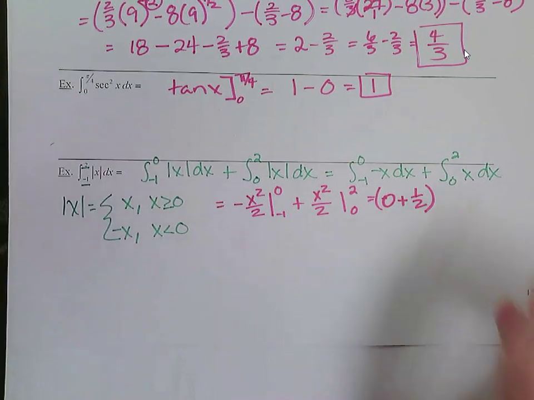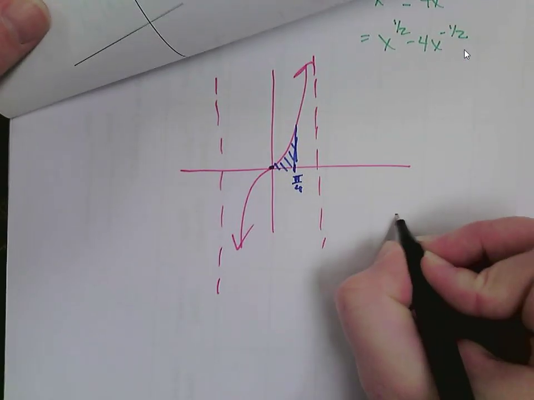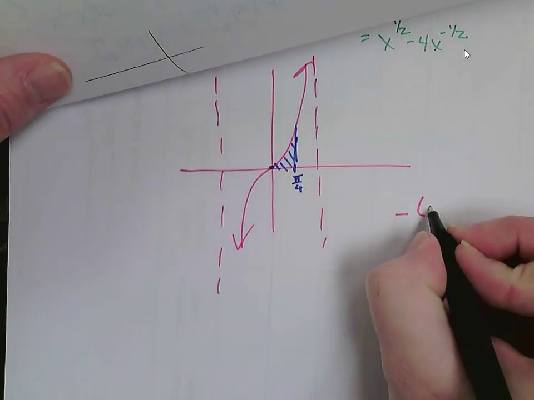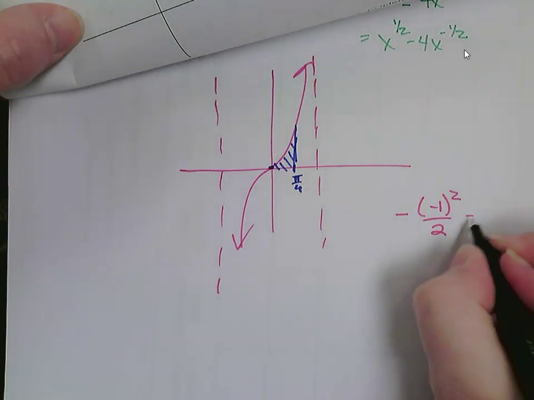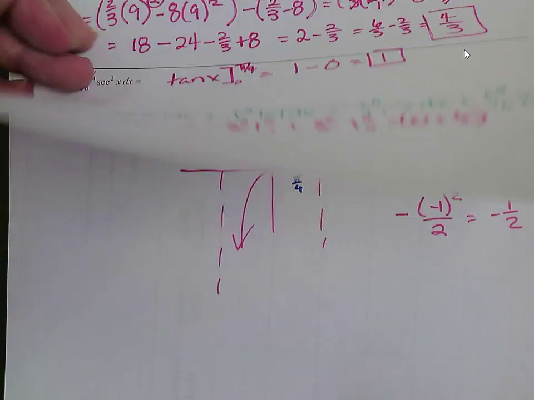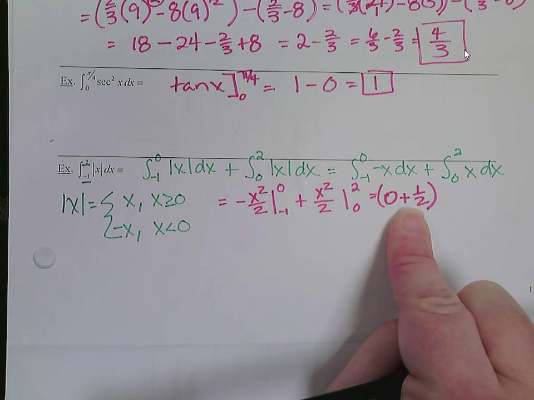You guys okay with that? If I have negative 1 squared over 2, negative 1/2, but I have to subtract negative 1/2. So it's added, right?